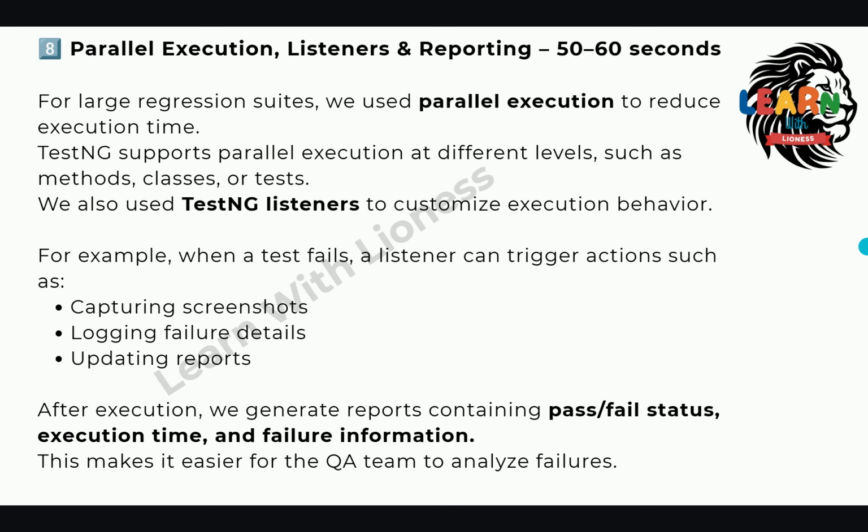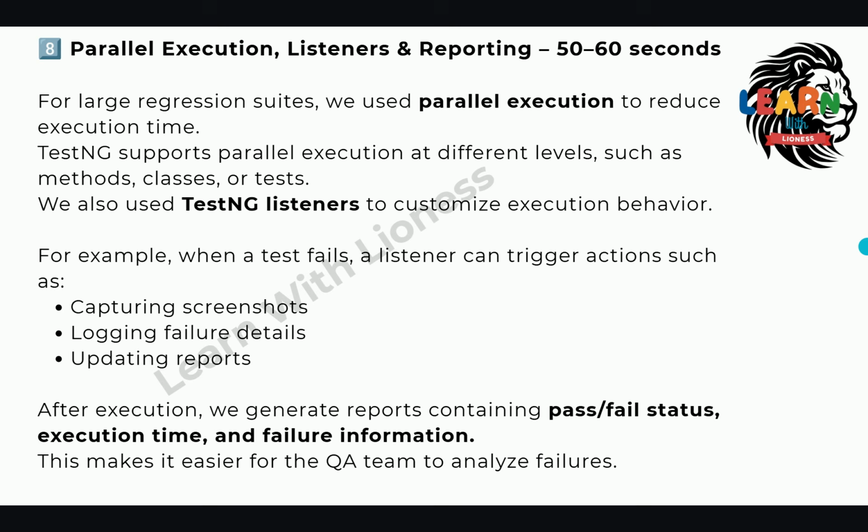Parallel execution, listeners and reporting. For large regression suites, we used parallel execution to reduce execution time. TestNG supports parallel execution at different levels, such as methods, classes, or tests. We also use TestNG Listeners to customize execution behavior.